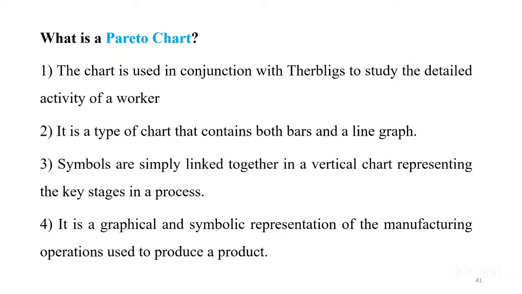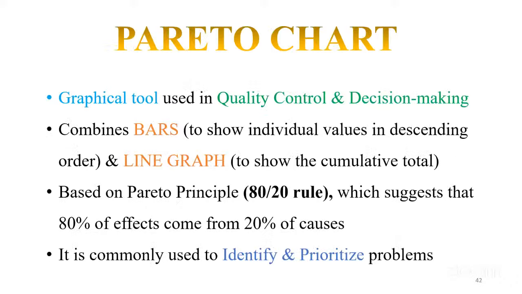Okay, let's see what is a Pareto chart. It is a graphical tool used in quality control and decision making. It is a combination of bars and lines, where bars show individual values in decreasing order and the line shows the cumulative total. It is based on the 80/20 rule, which suggests that 80% of effects come from 20% of causes.